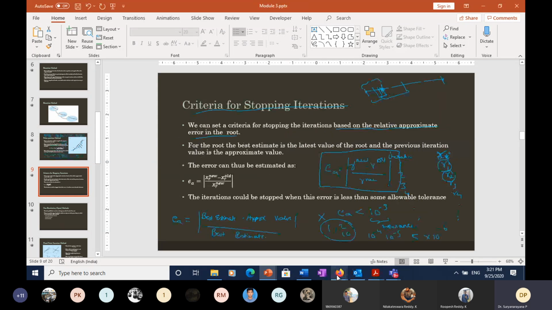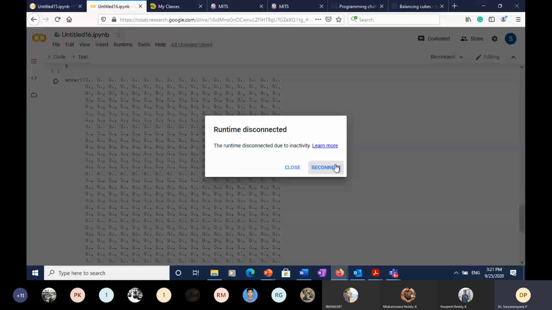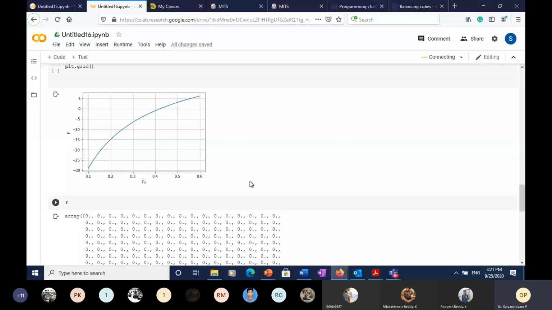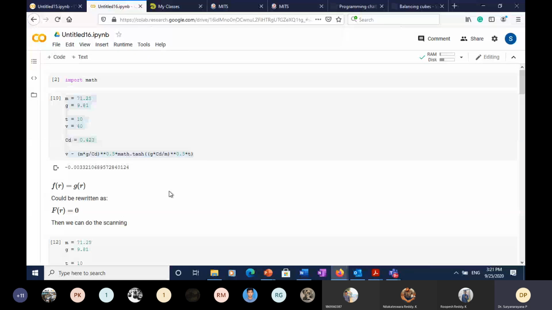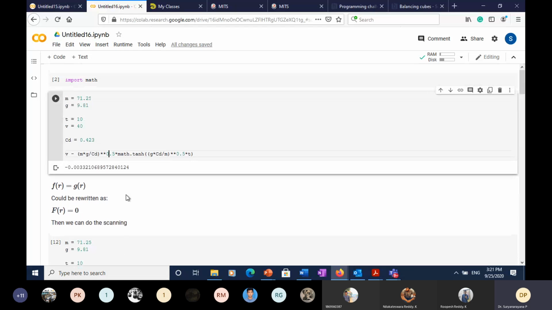See, all we did here is do two methods. And you remember, this is what we did in the morning class. I think in the last class, I used Jupyter Notebook. I showed you how to do the trial and error. Okay. And here I was showing you a more systematic way of doing the trial and error, which is scanning.